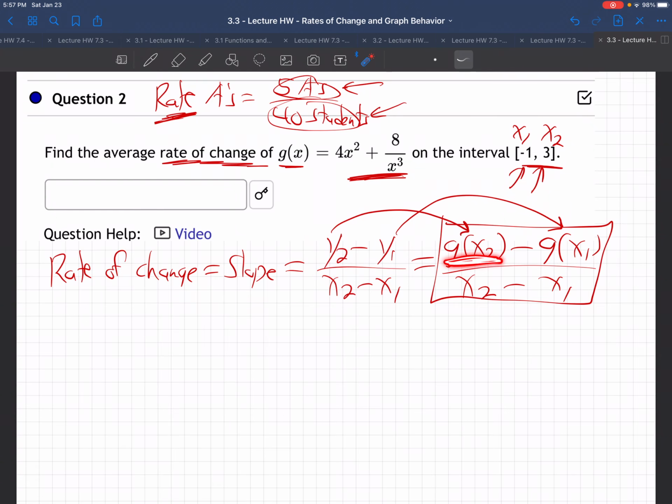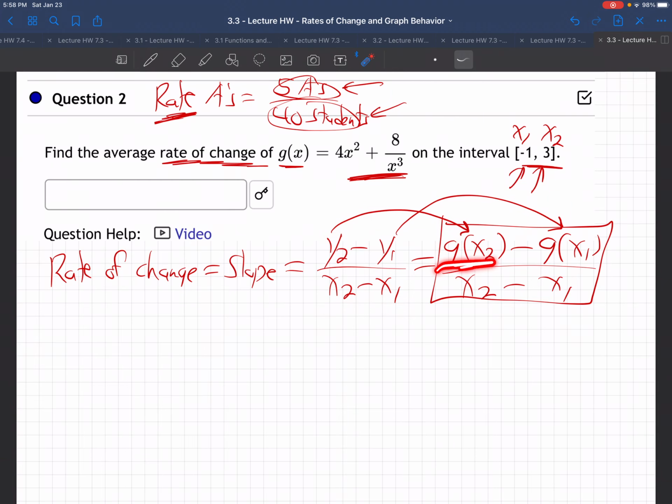Remember, function values are y values. That'll be helpful to you in the rest of algebra and moving into calculus. When we talk about a function value, we mean the y value. That's what the function is. You can replace g with y and write y equals this. So when I say the slope formula is y2 minus y1 over x2 minus x1, what is y2?